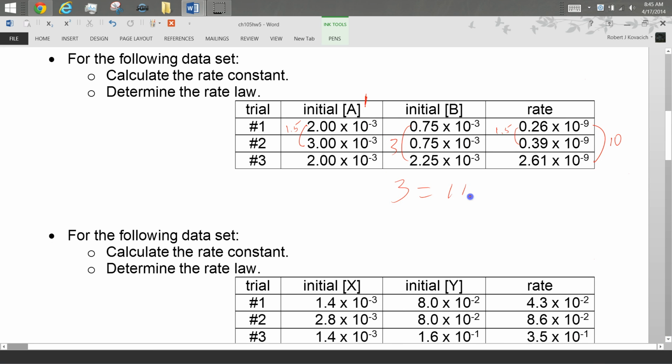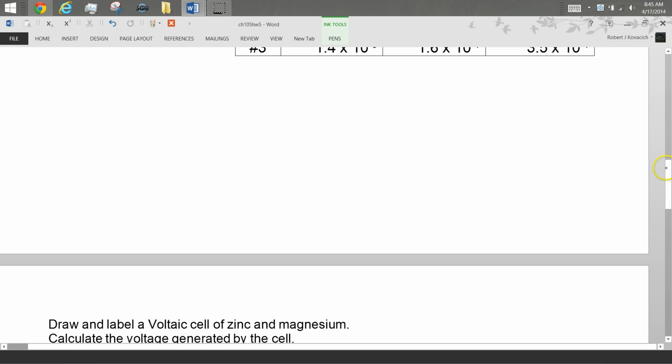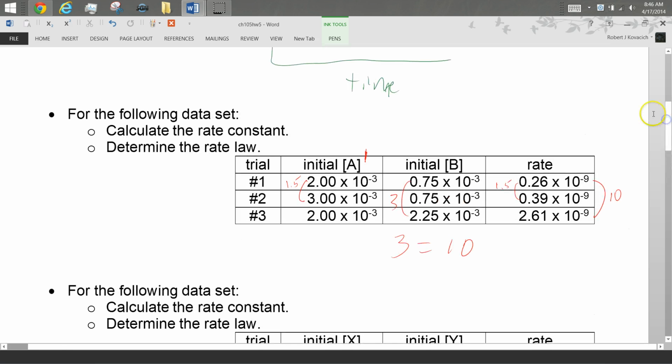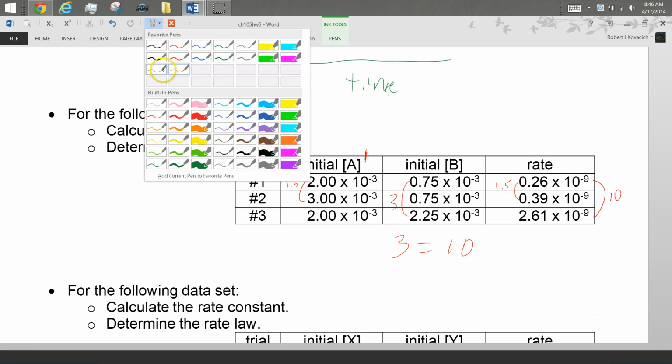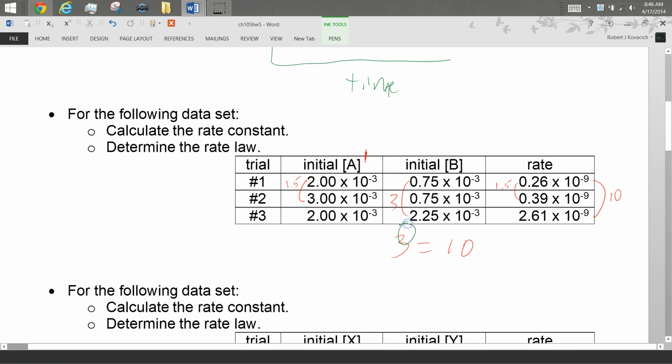3 is equal to 10 when what is the exponent there? What exponent do I need? I'm going to put a 2 there. So 3 squared only gets me 9, right?